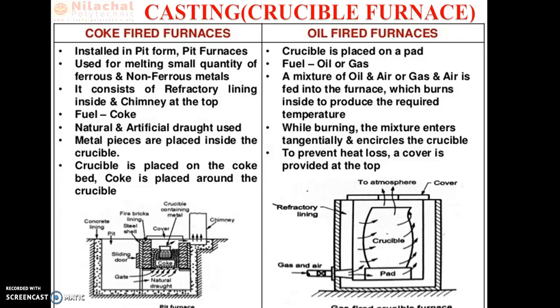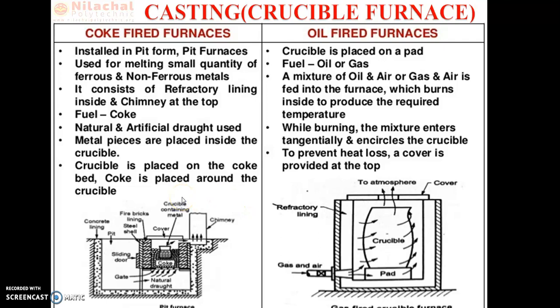It is used for melting small quantities of ferrous metals, that means pig iron, and also non-ferrous metals and alloys. Generally coke is used as a fuel in this type of furnace.